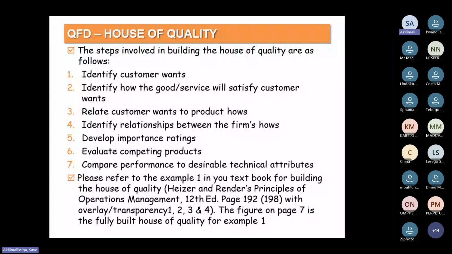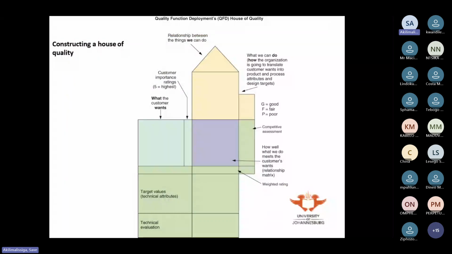Now, compare performance to these desirable technical attributes. We're not going to talk about the technical attributes too much because that is not at your level, right? So this is what a House of Quality looks like. Let me just shift this.